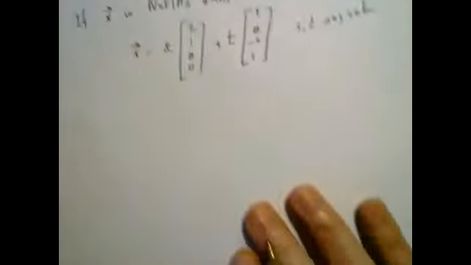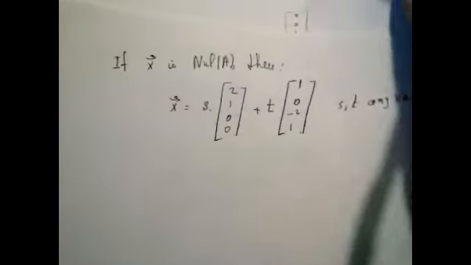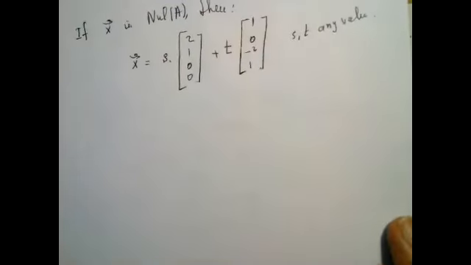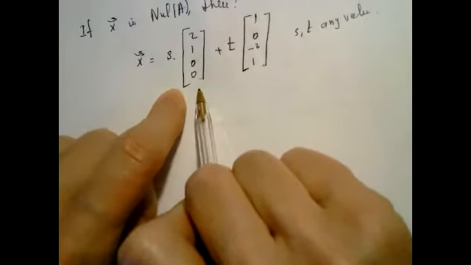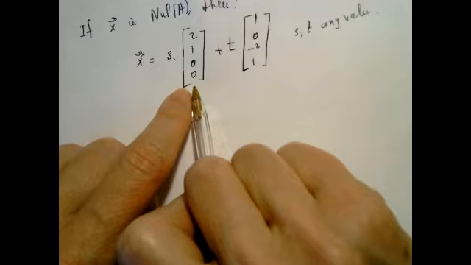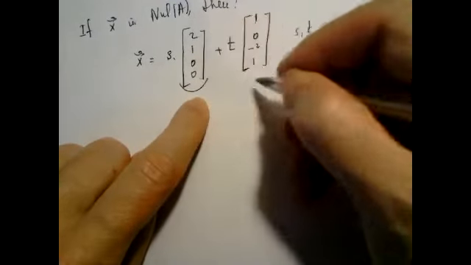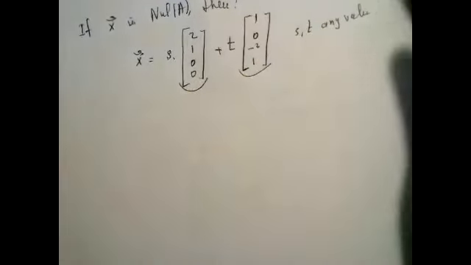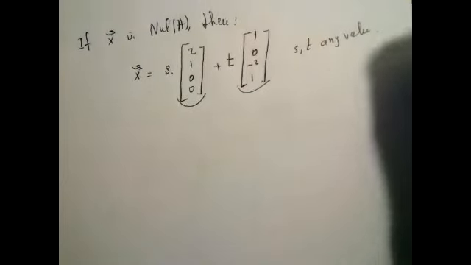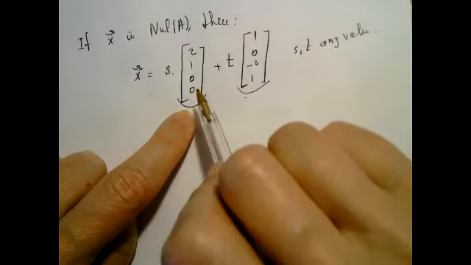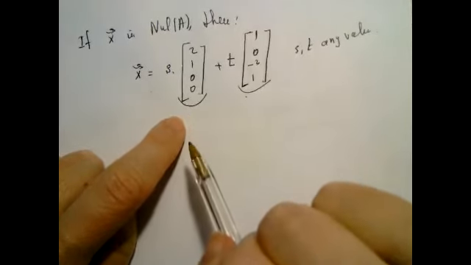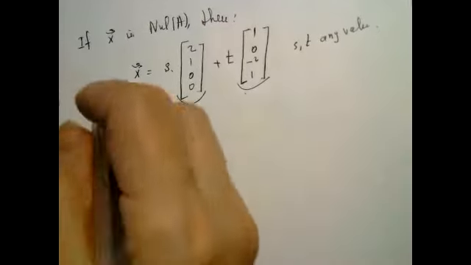Okay, so what is the null space now? Every vector in the null space is, if you think about it, a linear combination of this vector and that vector. So by writing the vectors in the null space using parametric vector form, I can start interacting a little bit better with the null space.